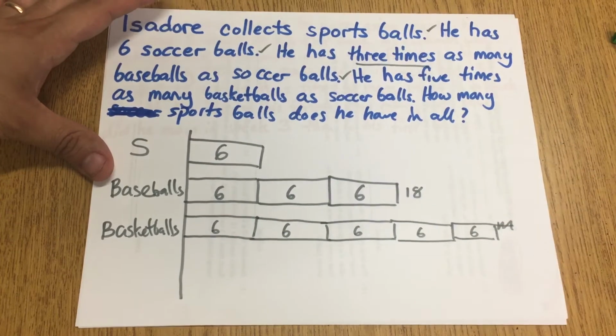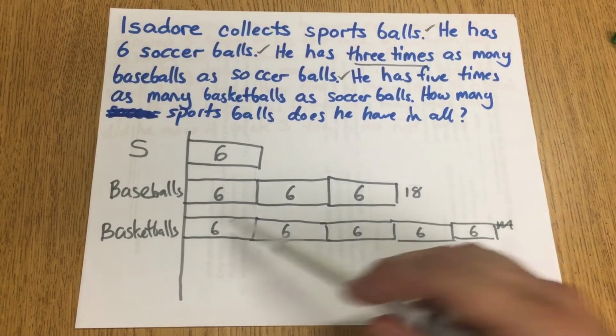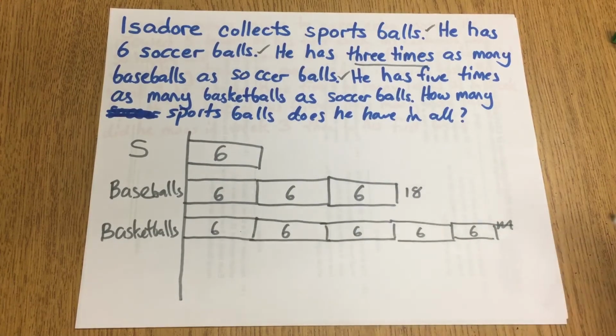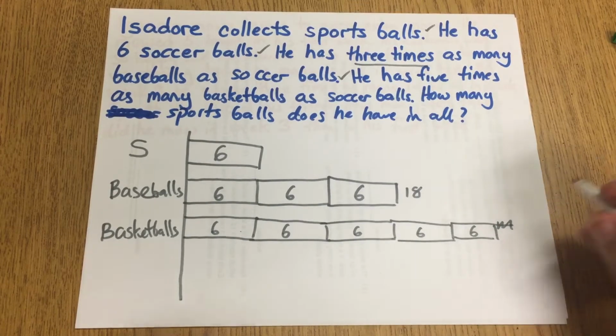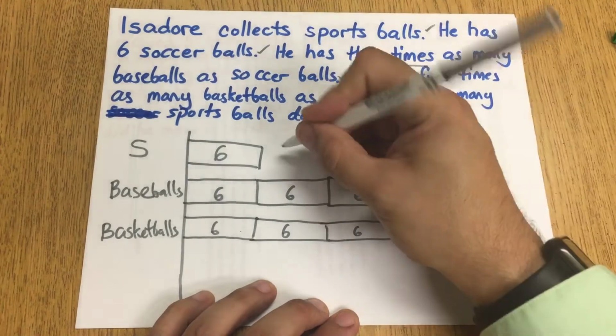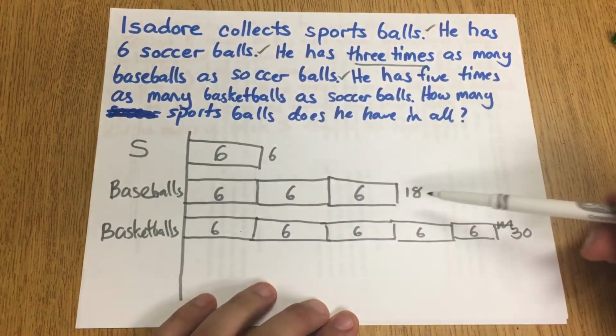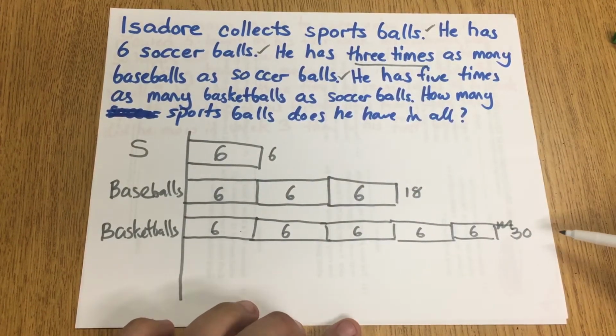Okay. So I've got now my 5 groups of basketballs, 5 groups of 6. If you don't know your multiplication, hopefully you do, but you can always add that up. But hopefully you know that we've got 5 times 6, and that is 30. So we've got 6 soccer balls, 18 baseballs, and 30 basketballs.